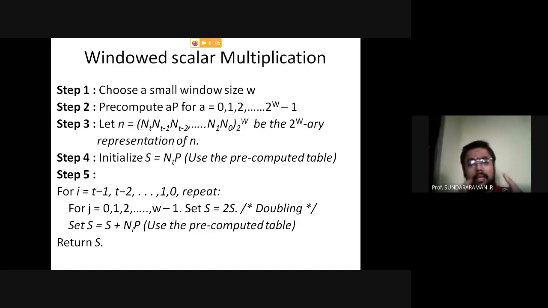The main difference between left to right scalar multiplication and windowed scalar multiplication is that windowed scalar multiplication utilizes a lot of pre-computations. That means we already calculate some point scalar multiplications, and whenever required, such products will be utilized during the multiplication process.